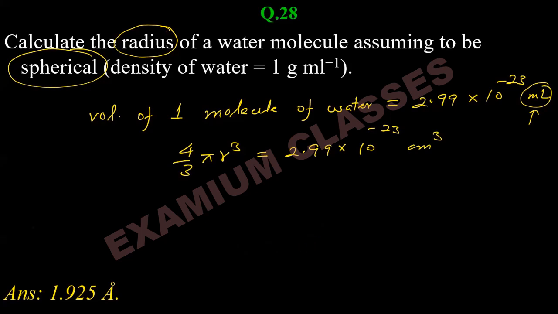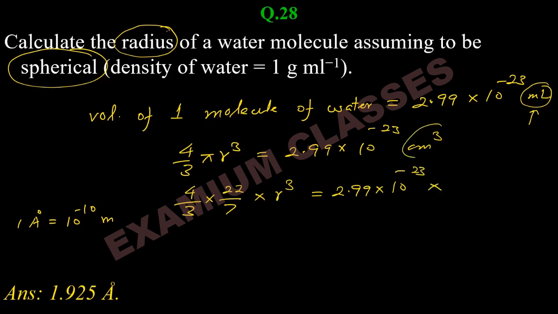Now because we know the direct conversion between meter and angstrom, 1 angstrom equals 10 to the power minus 10 meter. Convert this centimeter cube into meter cube so that our calculation is easier. So write it like 4 by 3 into 22 by 7, or you can use 3.14 if you want, into r cube equals 2.99 into 10 to the power minus 23 into centimeter cube, which is actually 1 centimeter into 1 centimeter into 1 centimeter.